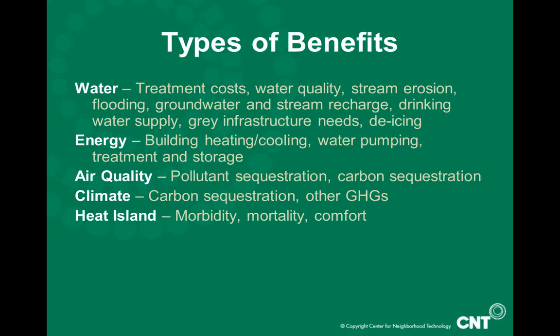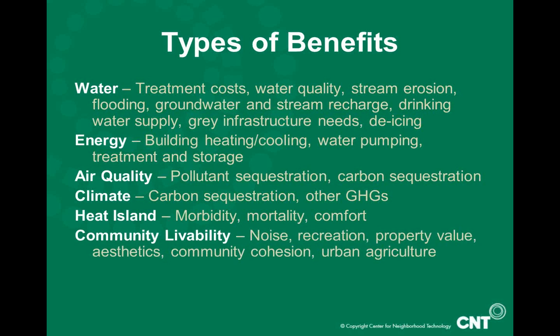So if we're going to reduce the heat island effect and reduce temperatures in the dense urban area, we're going to reduce morbidity, mortality, and provide more comfort, but you can see how that feeds the energy category as well. If we're reducing the heat in an area from planting more trees, the buildings themselves will not get as warm. That will also save energy in the summer, and it'll save energy on heating in the wintertime. So there are lots of different ways these different areas interact.